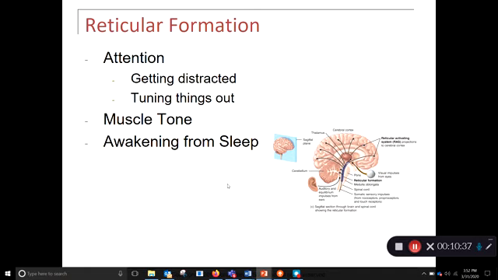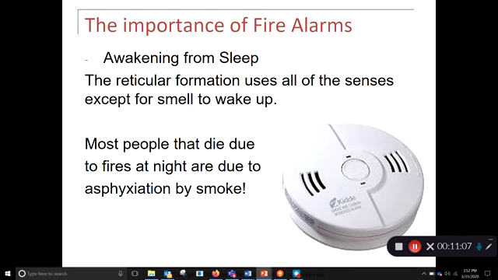All of the senses minus one have ways of waking you up. So listening, sight, all that stuff gets incorporated into this reticular formation. If you get any stimuli, like a bright light shined into your eyeball, somebody flicks on your bedroom light, oh, I hate that, or they jostle you awake, or there's a loud noise, you wake up to it. One thing that does not wake you up is smell.